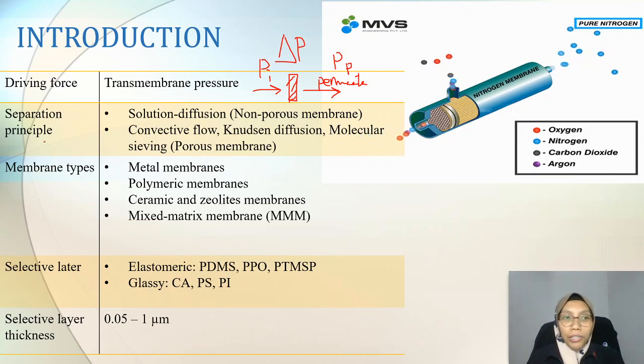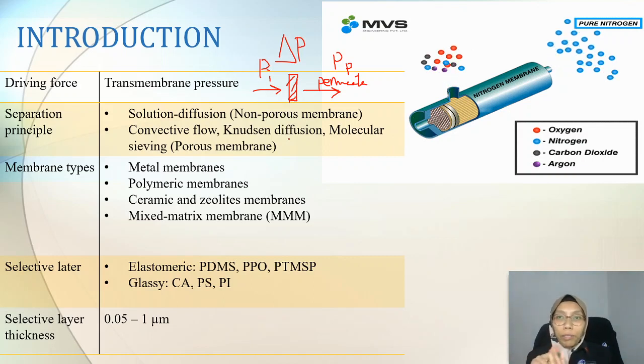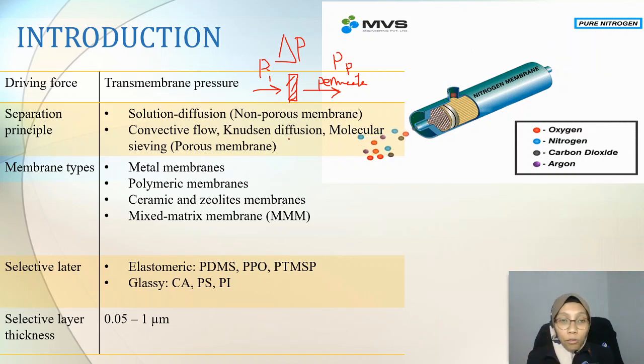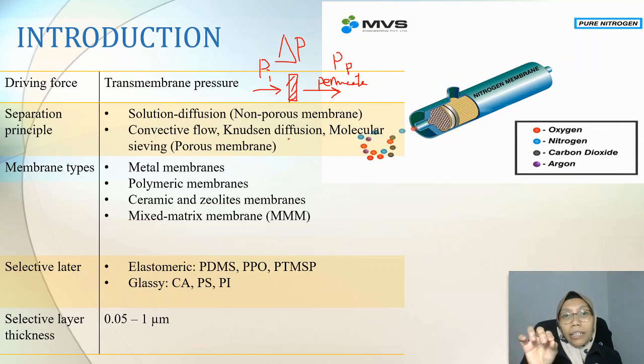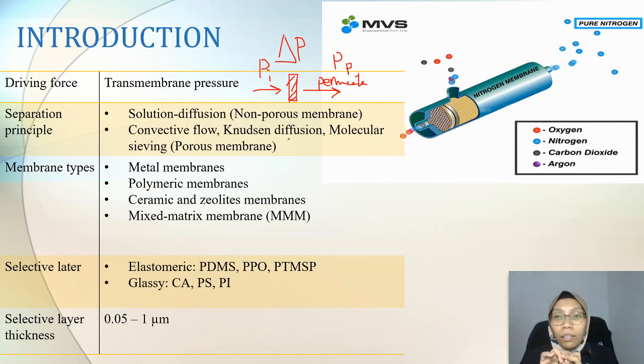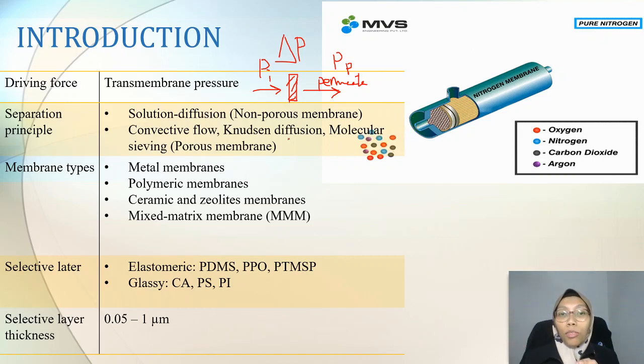So what is the separation principle? Basically there are two types of membrane used in gas separation. Firstly is the non-porous membrane, where the membrane top layer is a 100% thin layer with no pores existing on top of the layer.